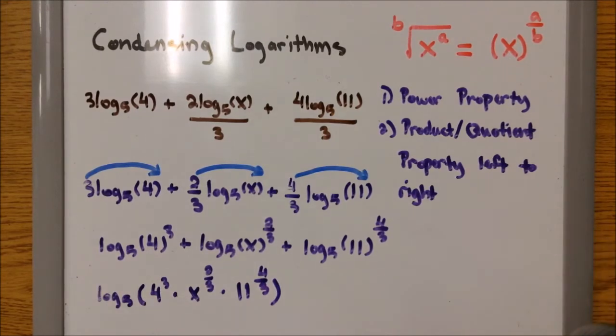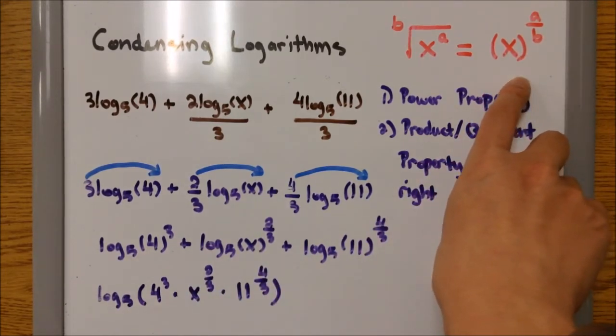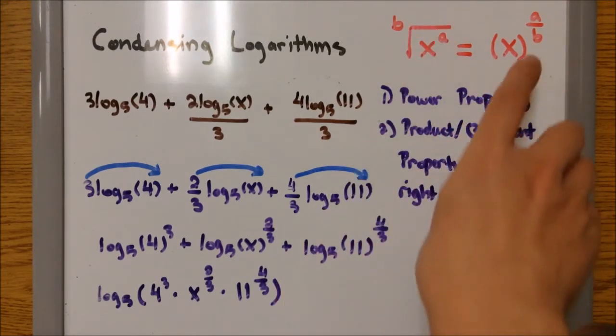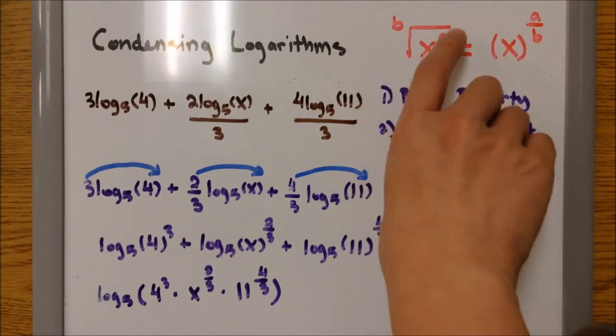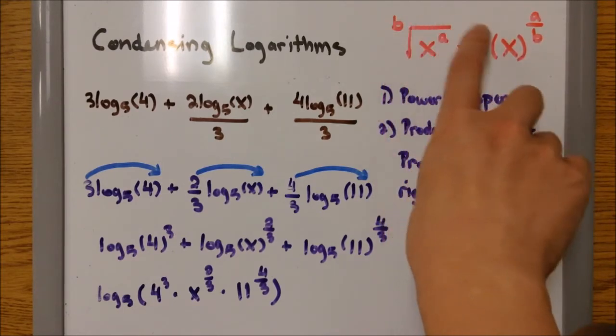Now, I can't just leave it like that. See, since I have rational exponents, that means I'm going to convert into a radical form. So, if you pay very close attention, our denominator is our root. So if our denominator is to the power 5, then it'd be the 5th root.